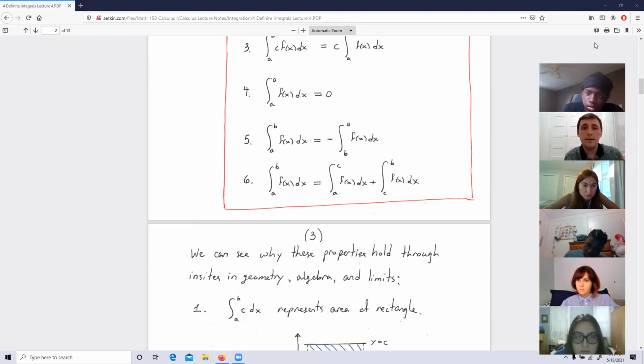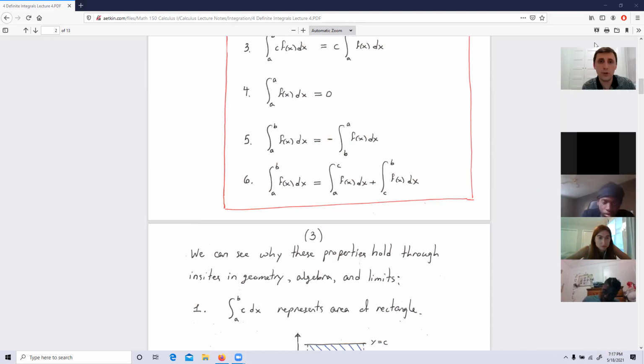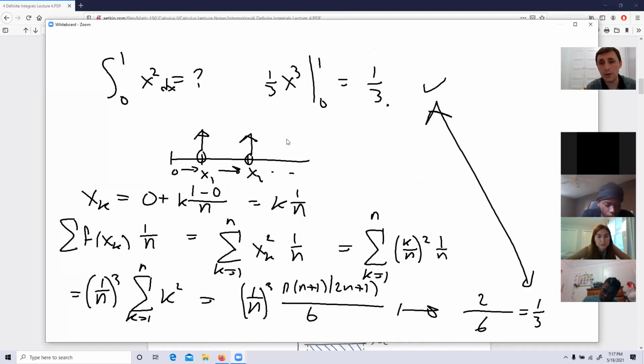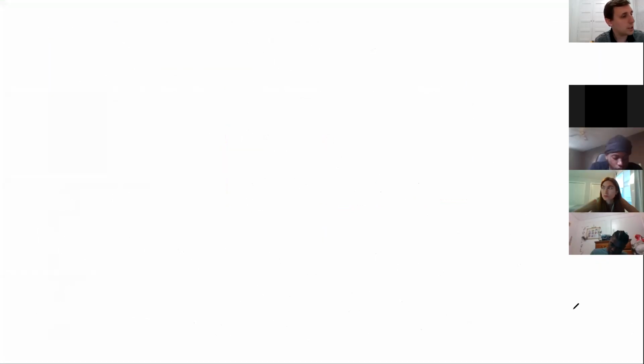So if you see, guys, if you ask me, for instance, to calculate something like this, right? So let's calculate from 2 to 0. Let me actually do it on a separate page, just to hammer the point in. Look, guys, if I calculate the integral from 2 to 0 of x squared dx, yes?